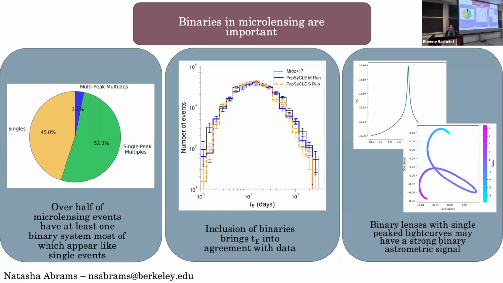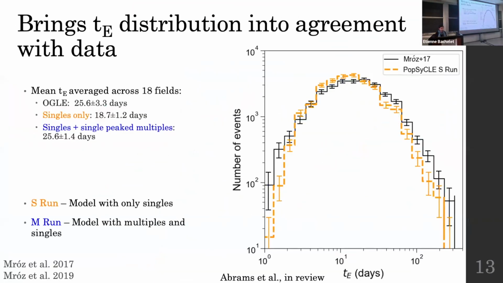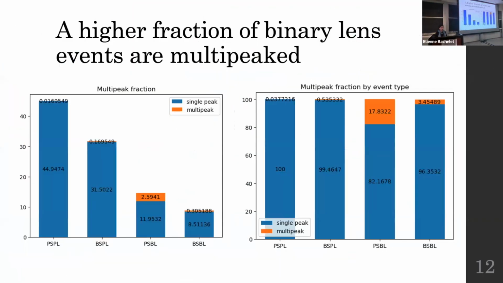Yeah, for sure. If I go back to the PSPL, you can see that there is one event out of all of them that had multi-peaked light curves from the parallax signal. So it's possible for there to be that confusion.